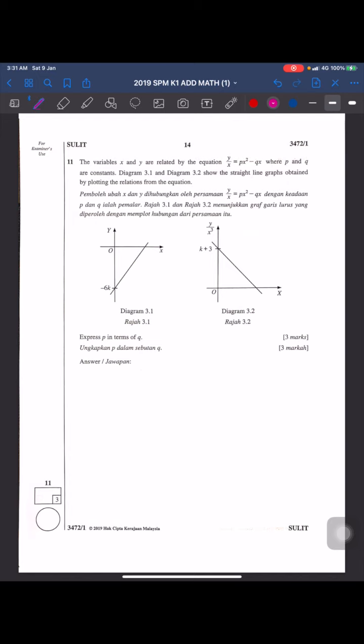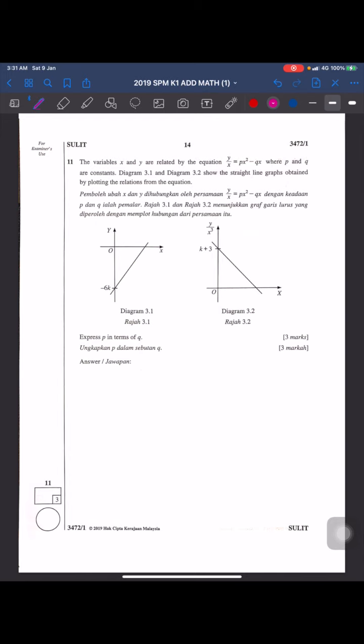Okay, question number 11. The variables x and y are related by the equation y over x equals to px square minus qx, where p and q are constant. Diagram 3.1 and diagram 3.2 show the straight line graphs obtained by plotting the relation from the equation.